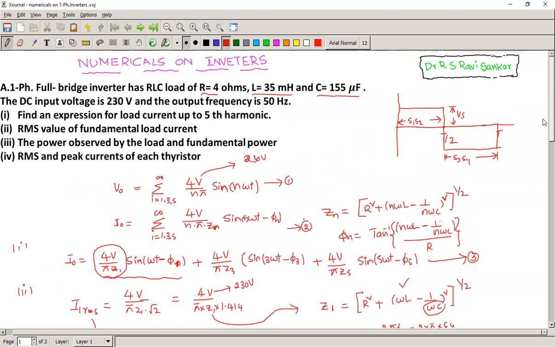If we draw the current waveform, see for RLC load, we have already seen, if it is underdamped, this is the current waveform.